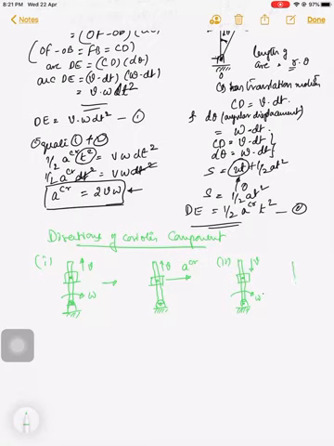So for this, the direction of the Coriolis component will be perpendicular to the linear velocity, but in this direction.